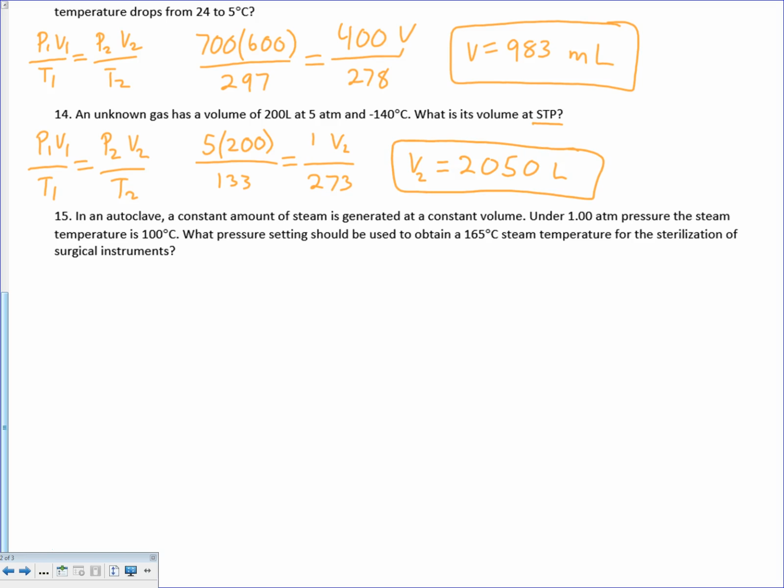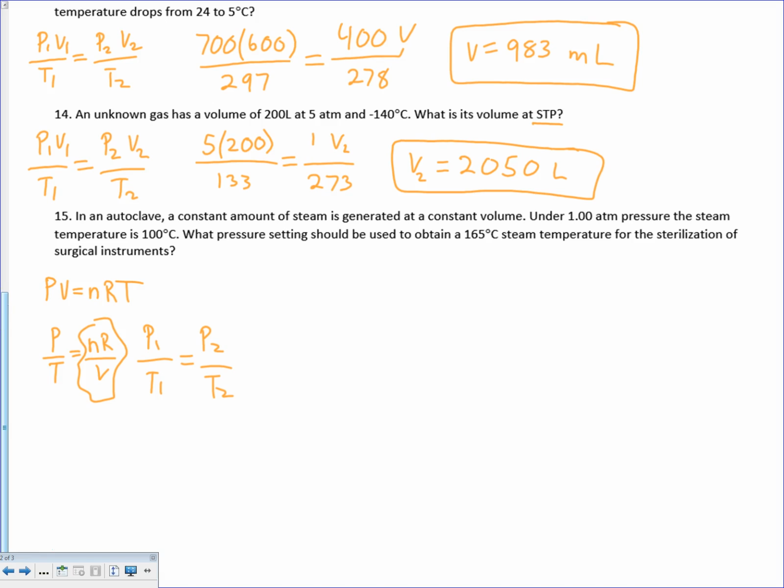Last problem here is relating pressure and temperature. So we start with PV equals nRT. Okay, we're going to have to solve it for pressure and temperature on the same side. So we get P over T equals nR over V. This is all constant in this problem, so we know P1 over T1 equals P2 over T2.